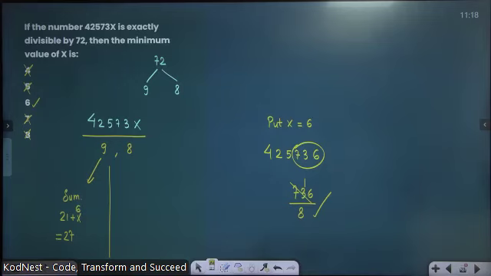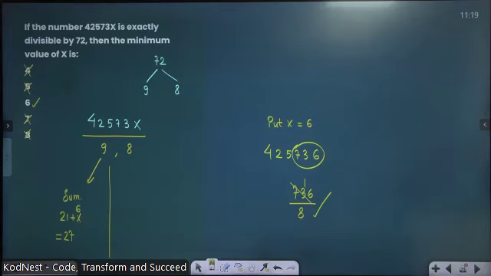Nandini, yes, both have to take the responsibility. But please answer. Suppose we are now checking for 8 and x equal to 6 is not coming in the solution.